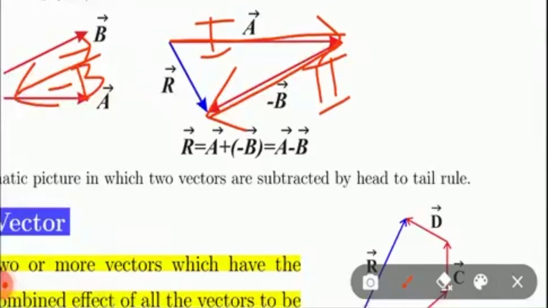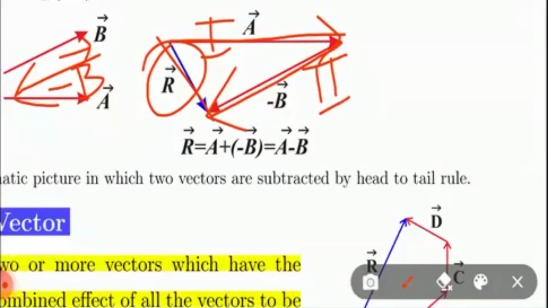Here you see that we attach them with each other using a head to tail rule. And now connect the tail of first vector with the head of second vector. Here, this blue vector R represents the resultant of these two vectors.